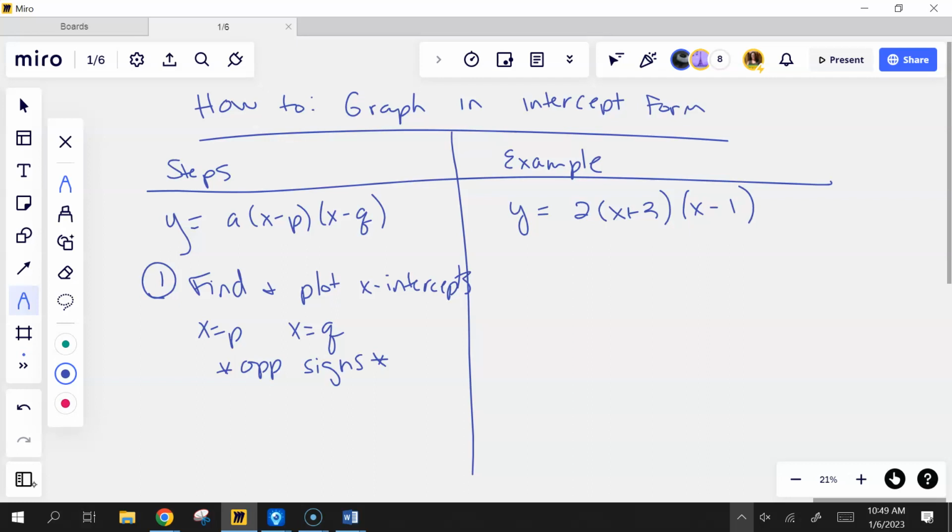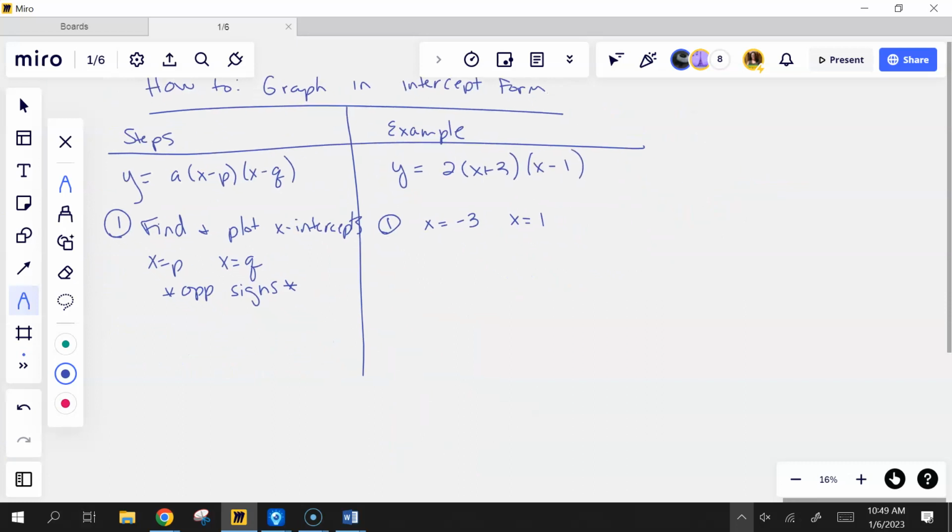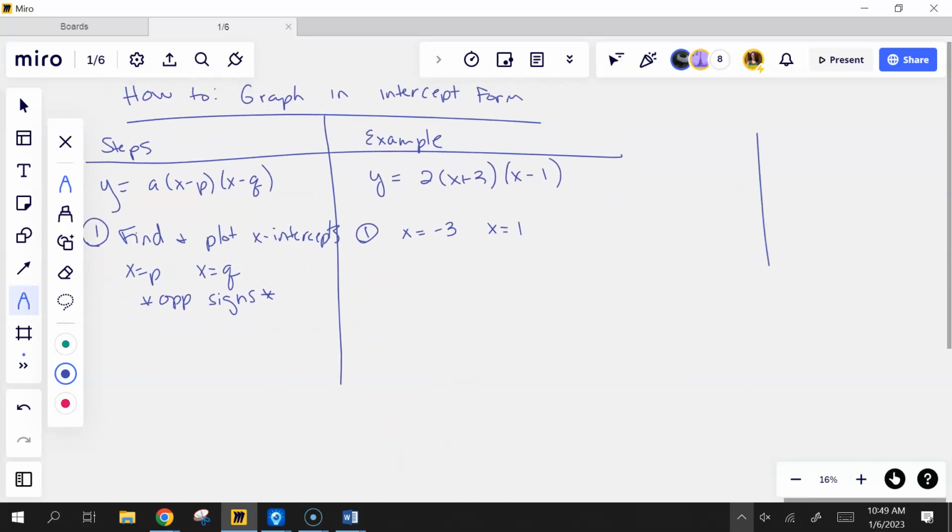What are my x-intercepts for this particular problem? -3 and 1. So let's go ahead and get those plotted here. You do the opposite signs. Any guesses on what we might do next?